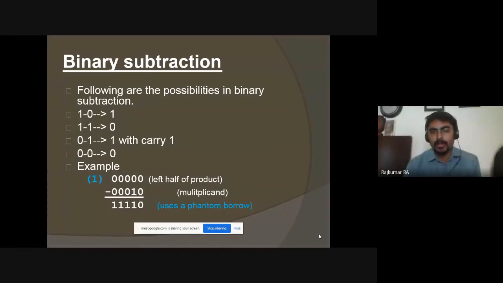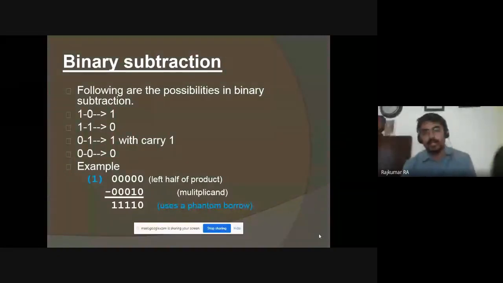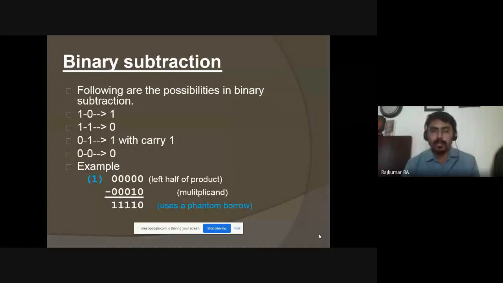But we don't have 0 minus 1 available, so we have one more carry. So initially we have 3 carries of 1, then 0. After that the 1 goes completely out, we just omit that 1, and keep only the digits equal to 5 digits. Only that we take for binary subtraction. This is also a part of the Booth algorithm, not common binary subtraction.